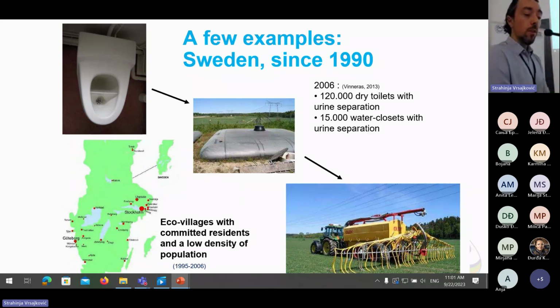It has been done for quite some time in a few countries in Europe. For example, in Sweden, there are several villages where urine separation is used with either dry toilets or water closets, and urine is then recycled and used for agriculture.